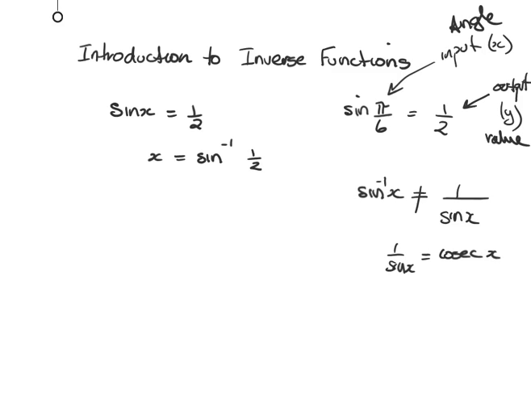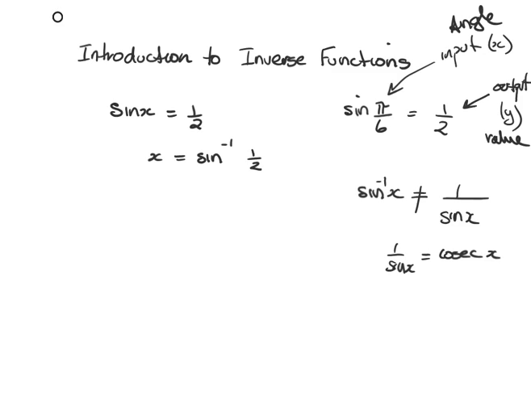When we take the inverse, our input is actually the value, and we're finding the actual angle. So that's one thing to note about the notation. You really can't be confusing it with your previous understanding of an index to -1.